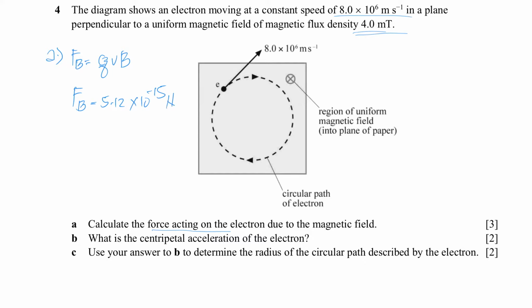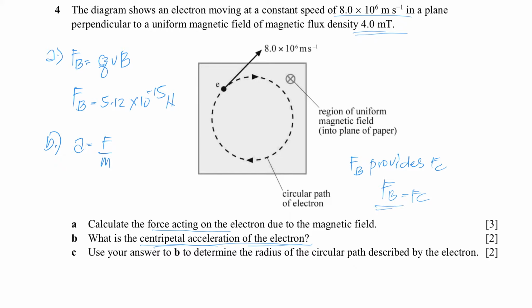And letter B, what is Fc? Okay, here, take note that the magnetic force provides the Fc. So it means that Fb is equal to Fc. What is the centripetal acceleration of the electron? So let's use the second law. F is equal to ma, then a is equal to F over m.